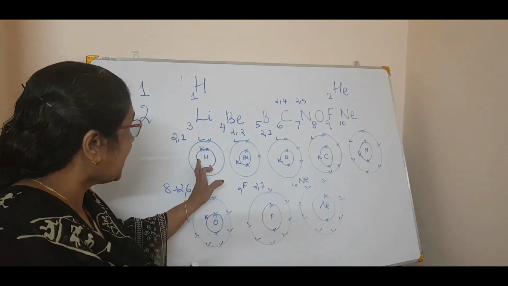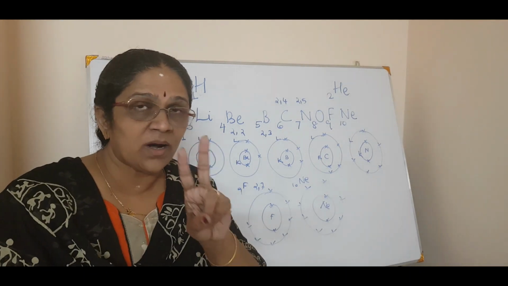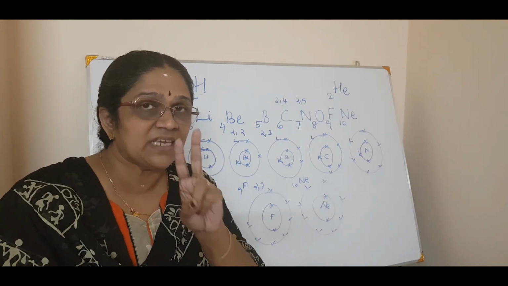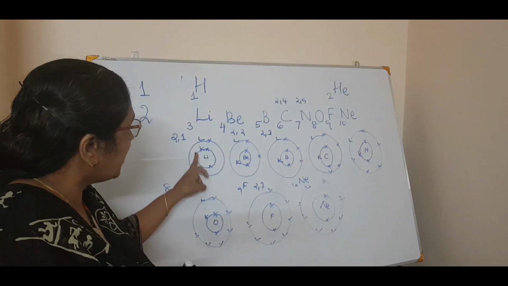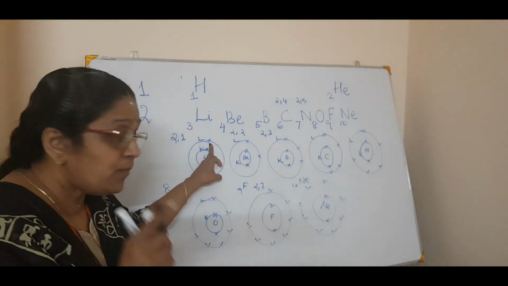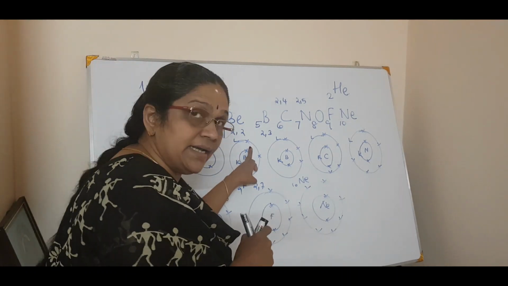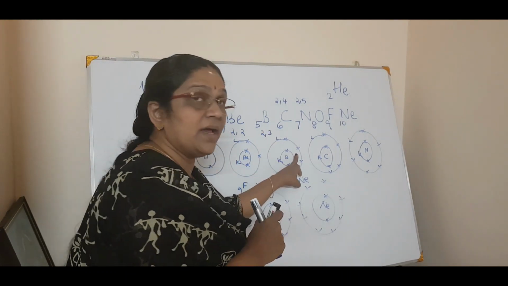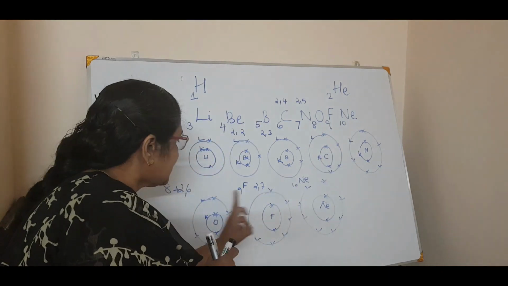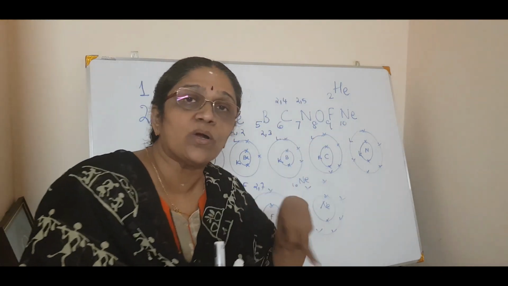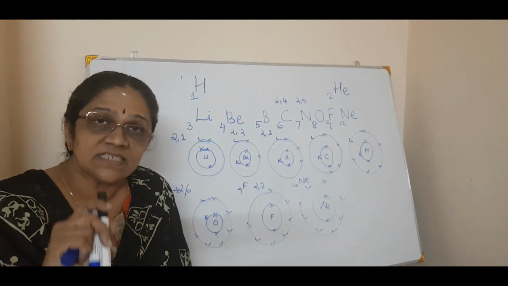Isn't it right? Because K already has 2, we know 2 is the maximum number of electrons in the K shell. L is 8. Correct. So look, first the L shell had 1, when it came to 4 it became 2, 5 became 3, 6 became 4, and so on 5, 6, 7, 8. 8 means octet, which is stable.